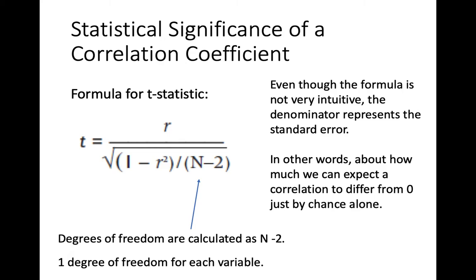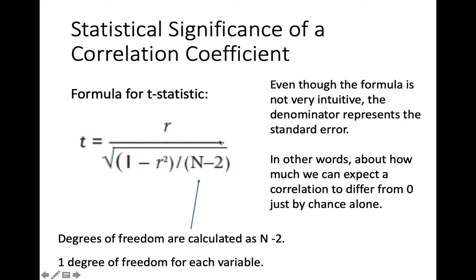Okay, so what we're saying is, under the null hypothesis, we expect that most of our samples should be 0, and on average over the long run, they would be. Our sampling distribution would be centered around an average of 0. We're going to say how many standard errors away is a particular sample, that correlation that we just calculated, and if it is a sufficient number of standard errors away, we'll reject the null hypothesis.